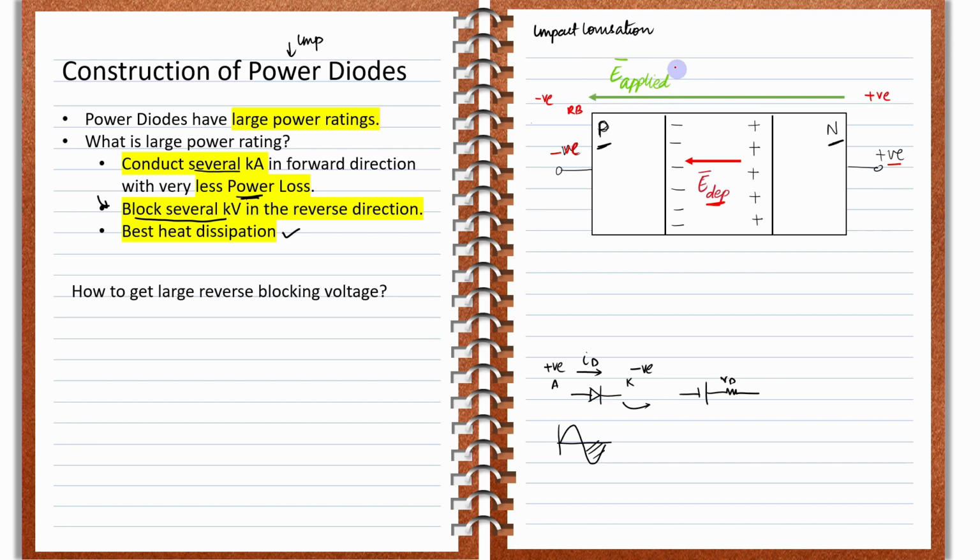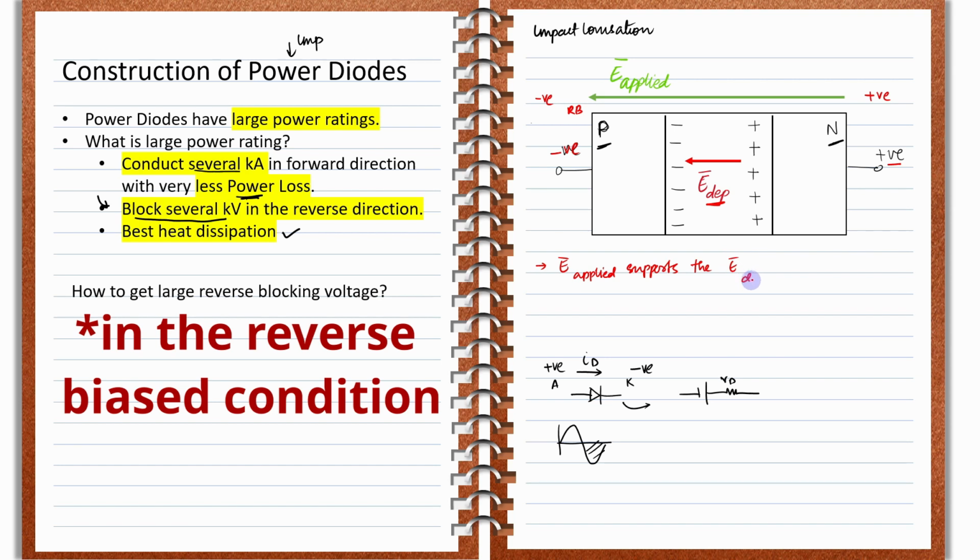You can see that the electric field due to the applied voltage is aiding the electric field in the depletion layer. That is an important point: the electric field created by the applied voltage supports the electric field in the depletion region. This is one important point that you have to remember.